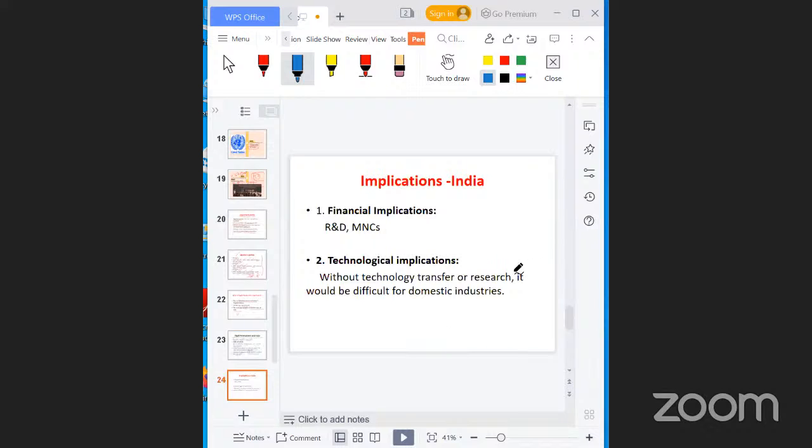So what are the implications of the Kigali Amendment on India? Indian industries using hydrofluorocarbons, like air conditioner industries, automobiles, and refrigeration industries, have some serious implications on financial and technical fronts, right? First, financial implications.